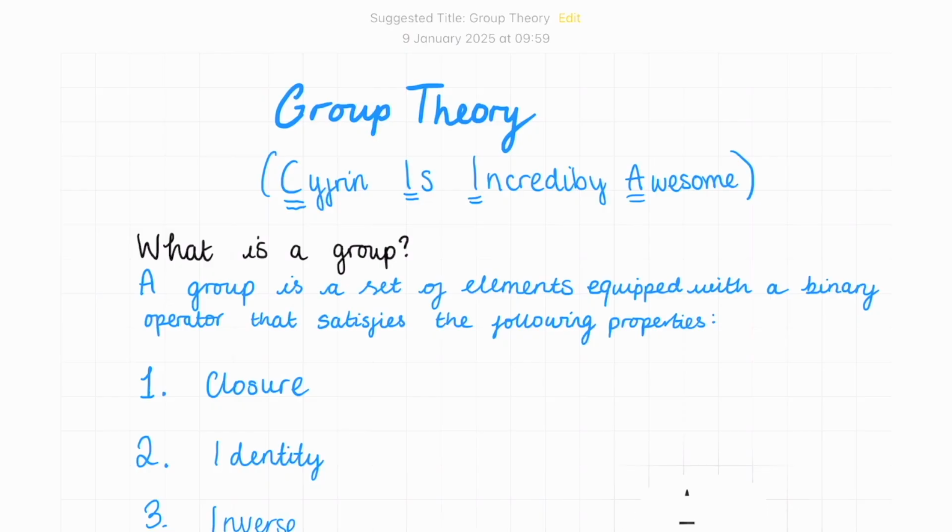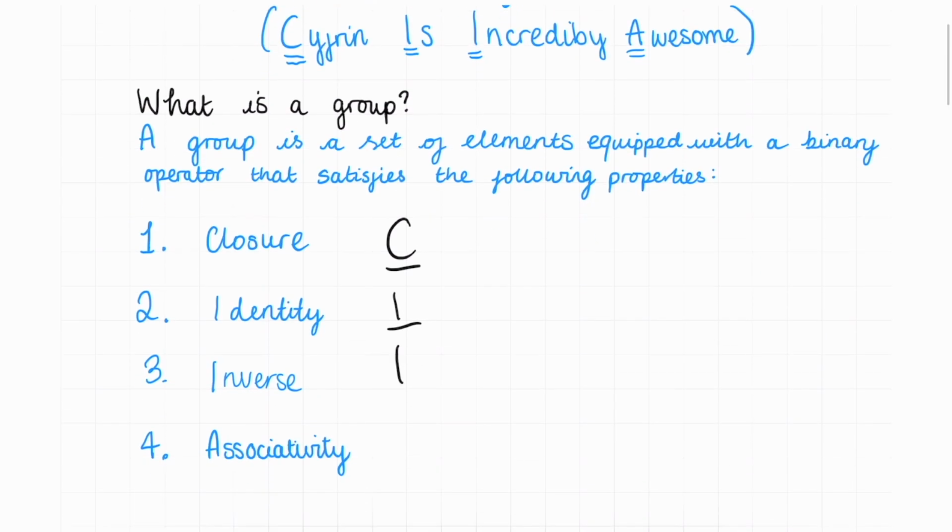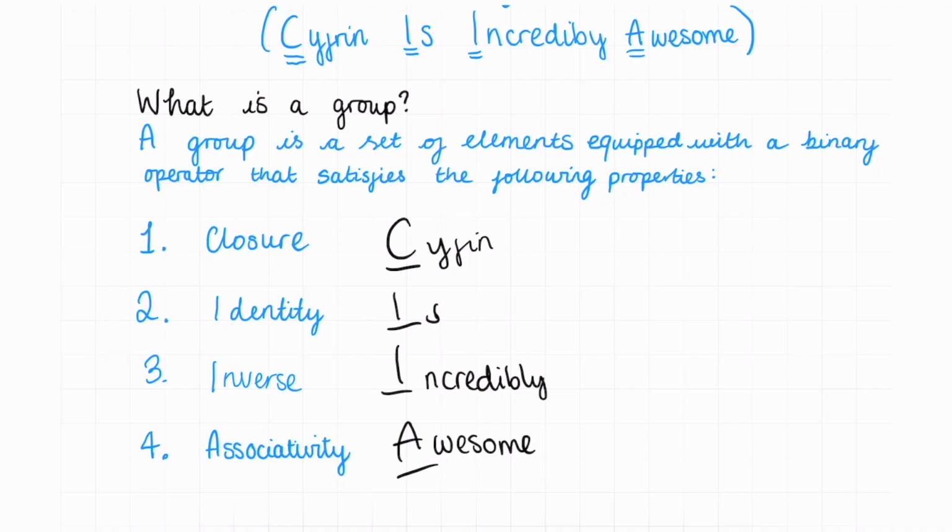So here we've got Cyfrin is incredibly awesome. And one of the auditors here at Cyfrin actually does use this acronym to remember what a group is when he is auditing ZK protocols. So now you know what a group is.